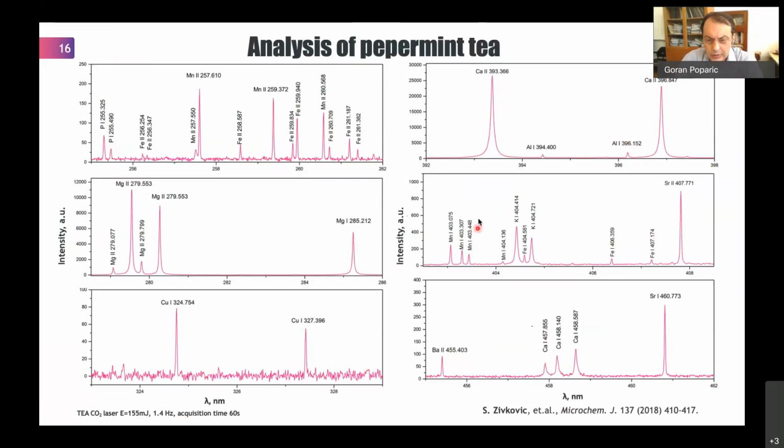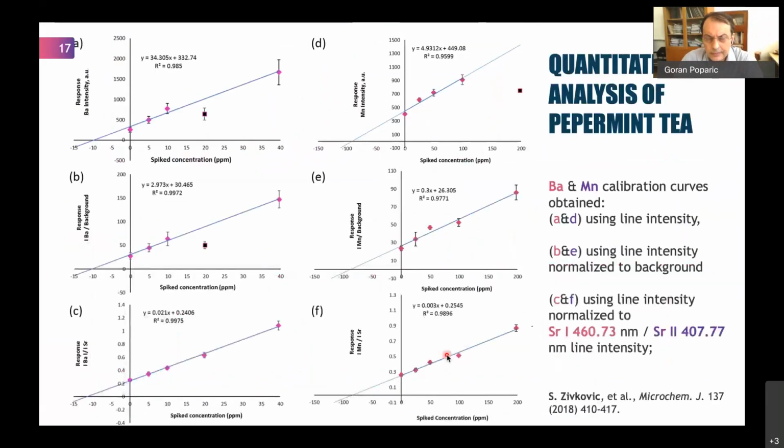The further experiment was continued with manganese and barium. So for the quantitative analysis, we wanted to test three different approaches. First, we used just the line intensity and spike concentration to construct calibration plots.